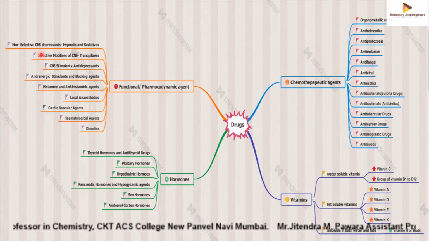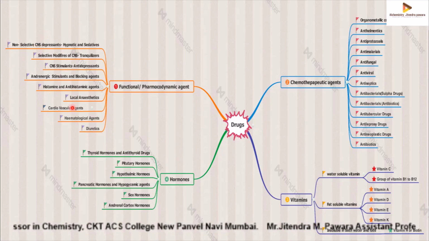First one is non-selective CNS depressant. Example is hypnotics and sedatives. Second class is selective modifiers of CNS. CNS means central nervous system. Example is tranquilizers. Third one is CNS stimulants. Example antidepressants.